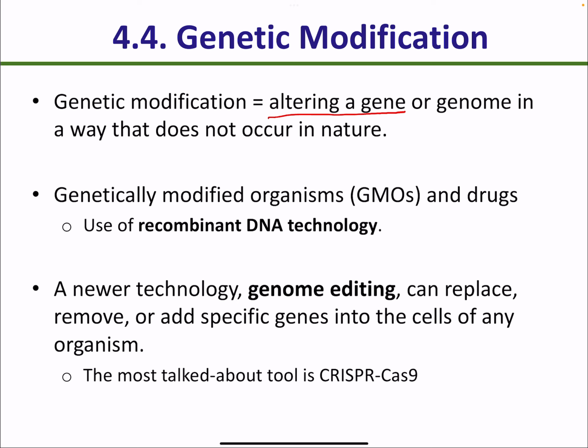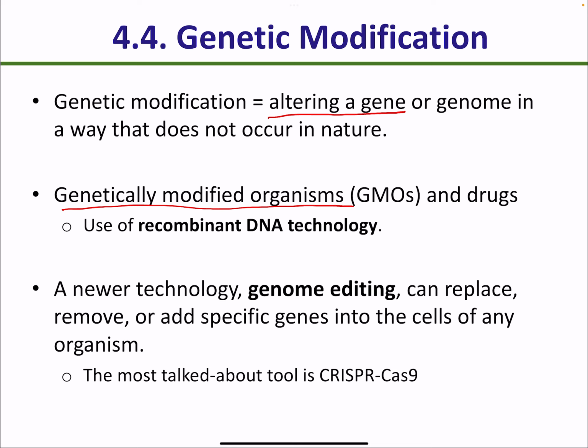And by doing so, we produce what we call genetically modified organisms. These genetically modified organisms allow scientists to produce drugs, for instance, antimicrobials, in large amounts that we would not be able to produce naturally, right?